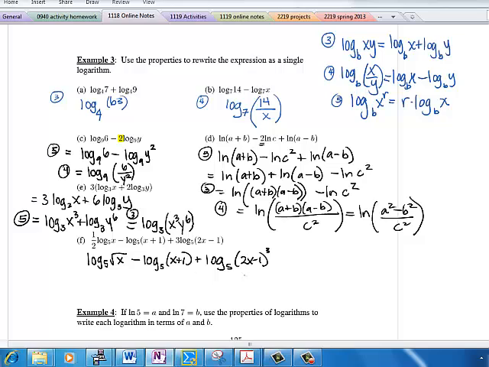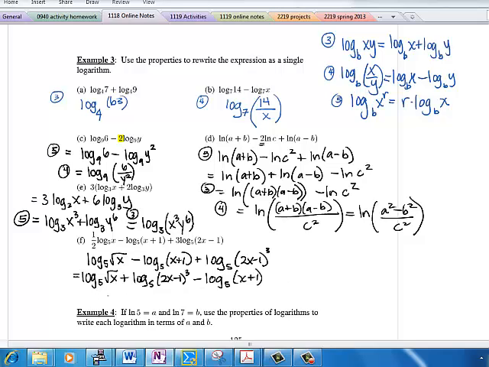And again, I'm going to reorder these so that the ones that have positive coefficients are first. And then the last one would be the log base 5 of x plus 1.